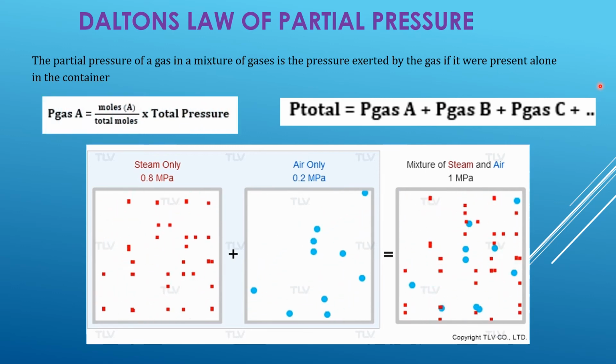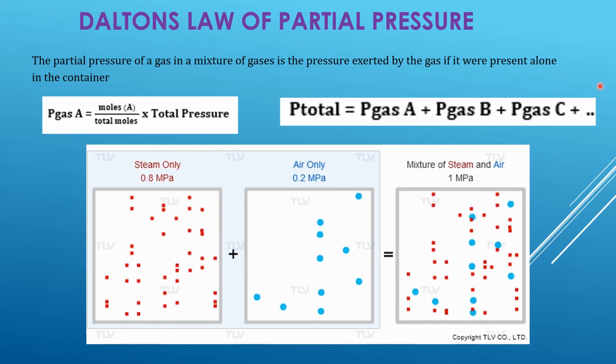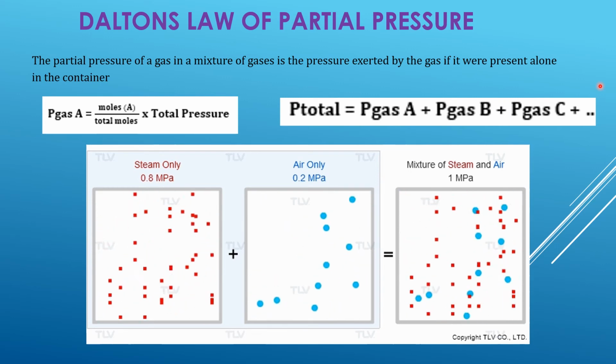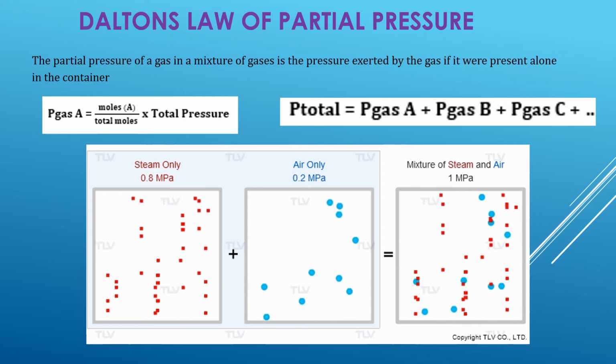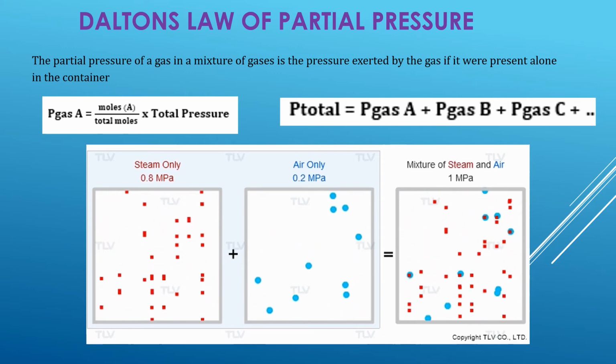To do that, we are going to be using this equation here now. The partial pressure of a particular gas is equal to the moles of the gas divided by the total moles times the total pressure. Keep in mind, you will be using this formula if you are given the mass of individual gases and the total pressure. Okay, so let's look at some examples.